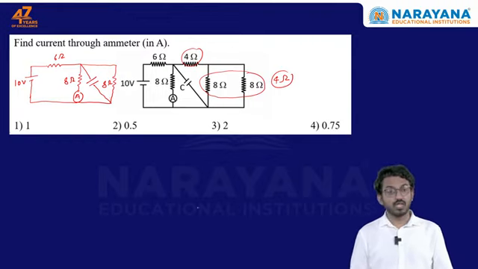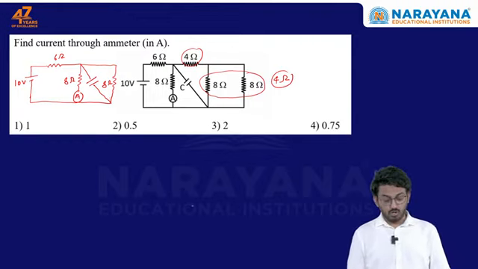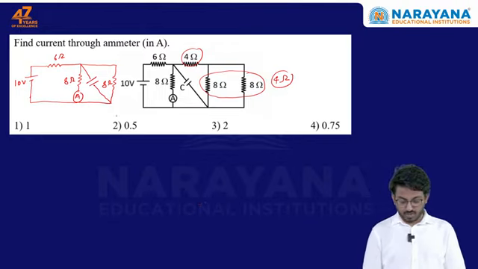Now in the steady state, capacitor will be fully charged, so there will be no current in the branch having the capacitor. So we can observe further that this 8 ohm and the next 8 ohm combined resistance is going to be 4 because they are in parallel.